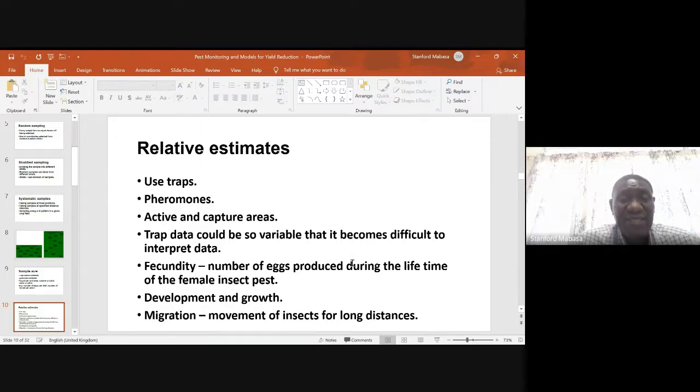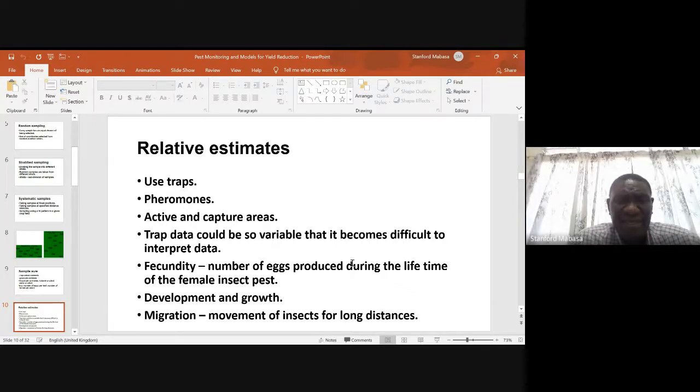We can create active and capture areas. I must emphasize that the trap data or the insect counts which we do after trapping the insects would be so variable that sometimes it's difficult to interpret that data.